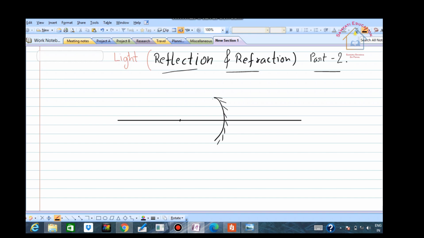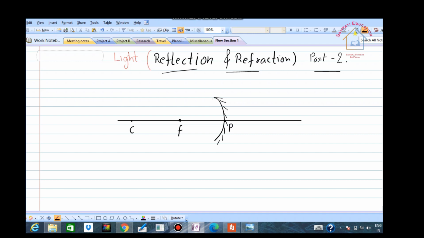This is the focus point and this is C, the center of curvature. We have to find an erect image in the concave mirror. Only one position to find, this is point P, to find an erect image.